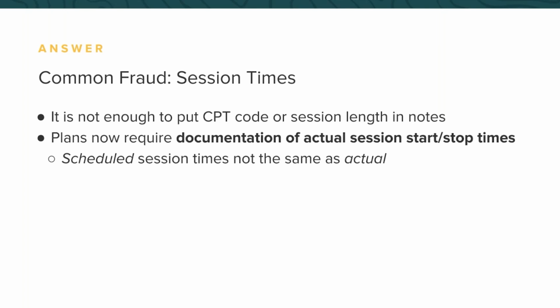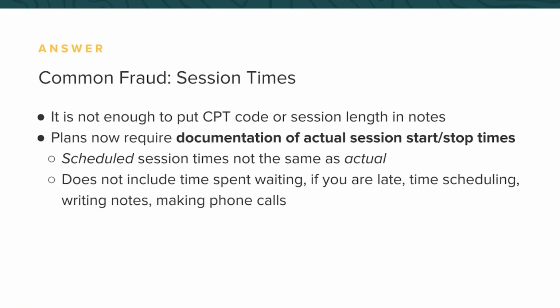So if your client is supposed to be there at 1 and they're there at 1:05, you don't write down 1 in your documentation for the start and stop times. It doesn't include the time you spend waiting for them or for you, time you spend scheduling the next appointment, writing your notes, making phone calls, going to the bathroom, any of that stuff.